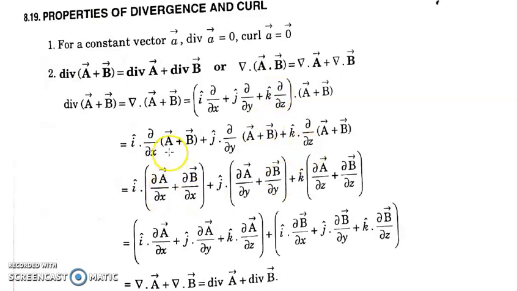By the property of derivatives, dou by dou x of A plus B is equal to dou A by dou x plus dou B by dou x. Similarly dou A by dou y plus dou B by dou y. Then here you will get dou A by dou z plus dou B by dou z.